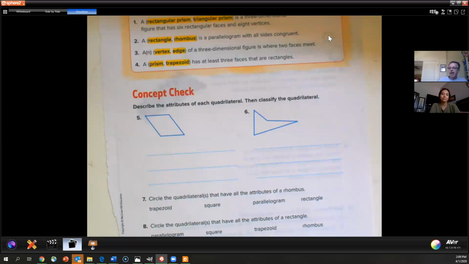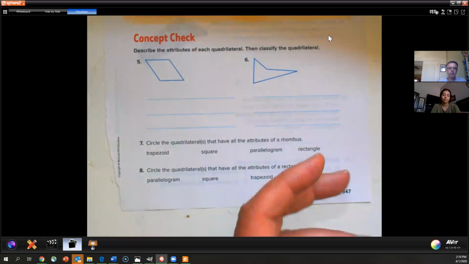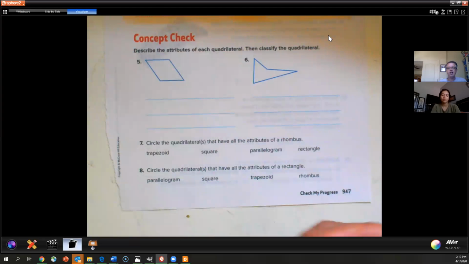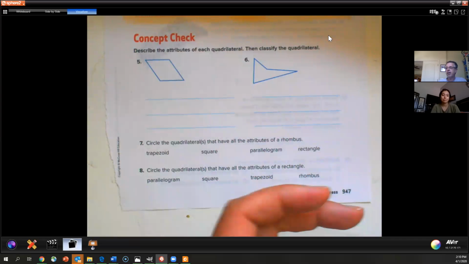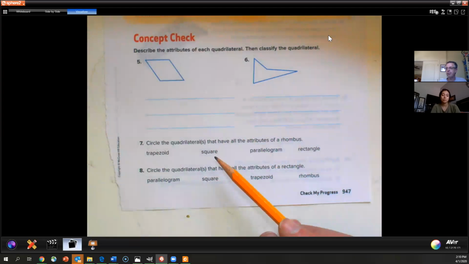All right, perfect. And then down here again, like Ms. Garcia said, these are things you've done on your homework. So we've been telling you to save your homework for just this kind of occasion where you need to go back and look. This will help you decide how to answer it. Here, what I want you to do is circle the quadrilaterals that have all the attributes of a rhombus.